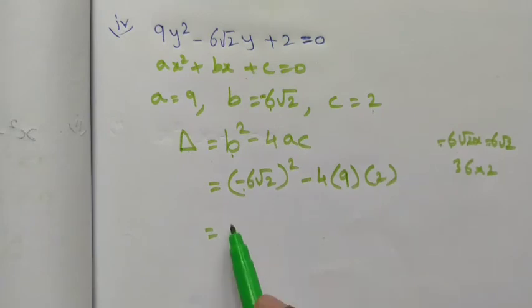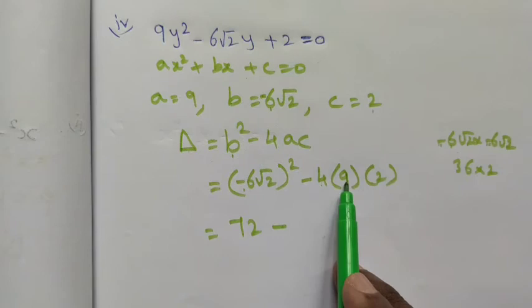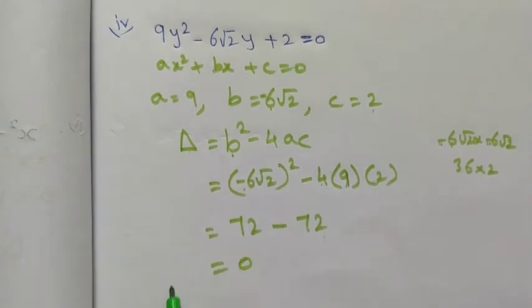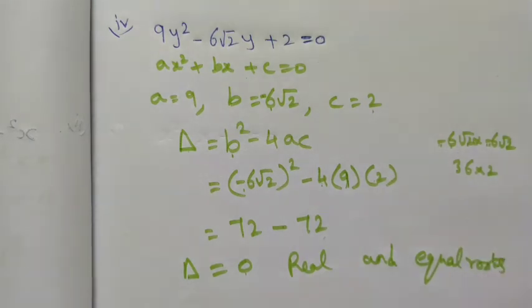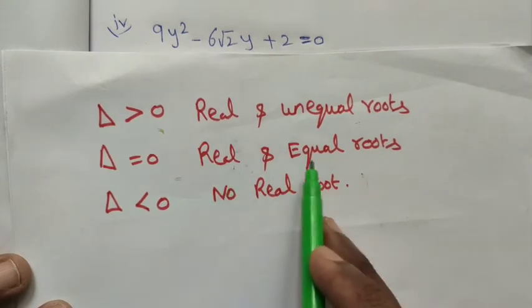So 36 into 2 is 72, minus 4 9s are 36, 36 into 2 is 72. So the discriminant is equal to 0, which means we have real and equal roots.